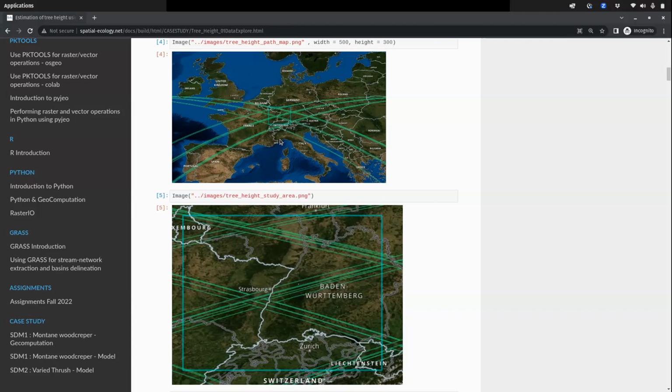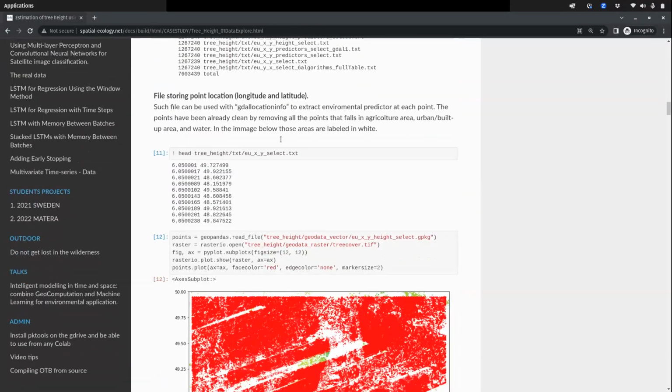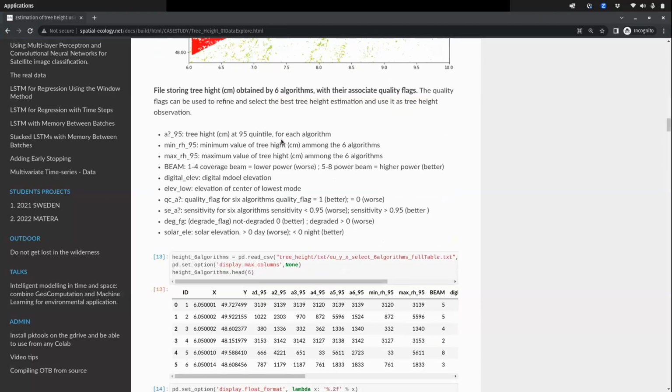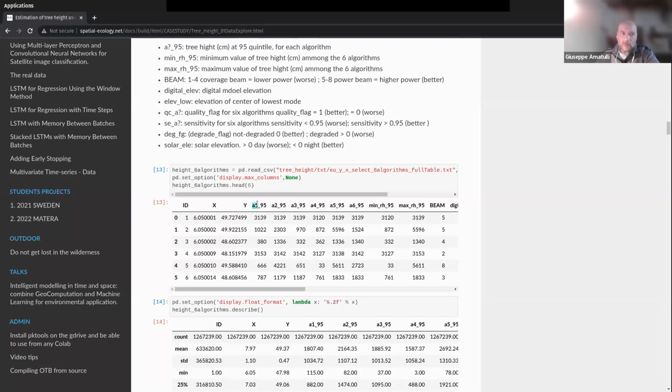Yeah, the height, the product, the heights. But which one? Because there are 7 processing algorithms, so which one is taken as the best one? Just to point out, this is something a bit deep in the explanation in the video recording.